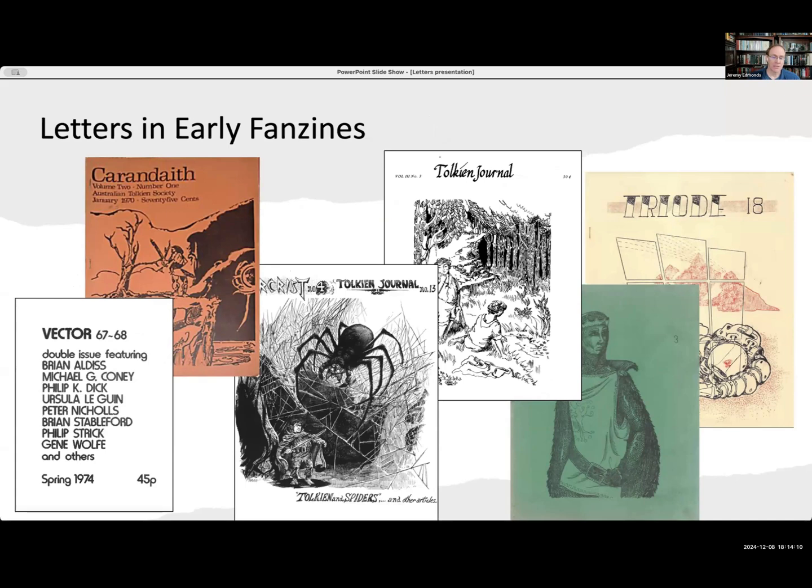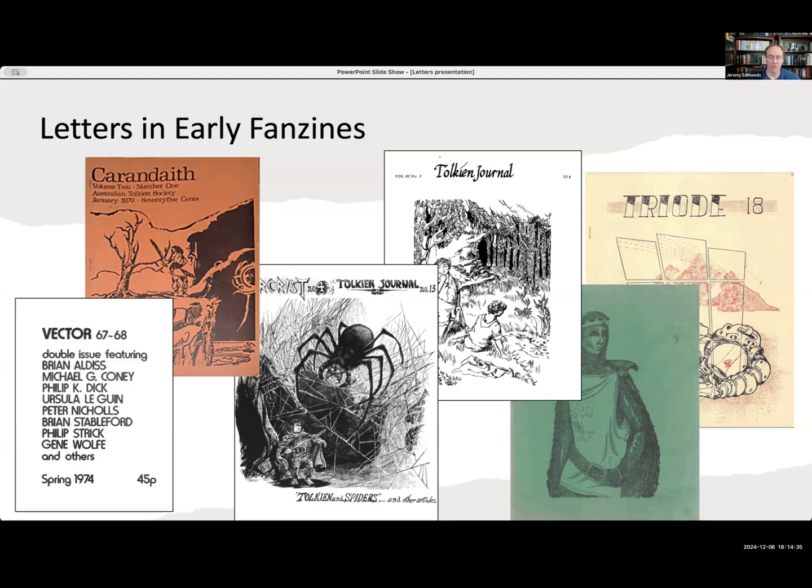On the right, you can see the cover or portion of the cover there, where Tolkien was responding to an article discussing how to cast a movie of The Lord of the Rings and what actors might be used in that movie, and he discussed his thoughts on filming a little bit.